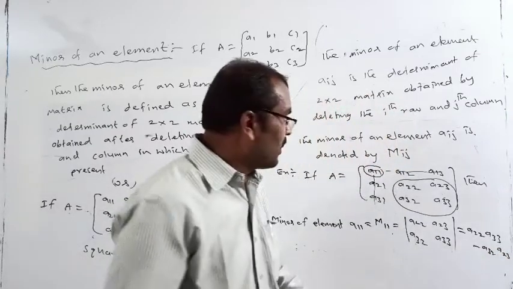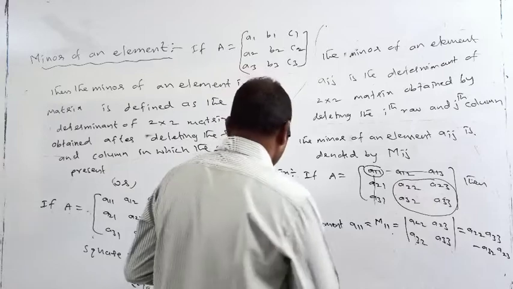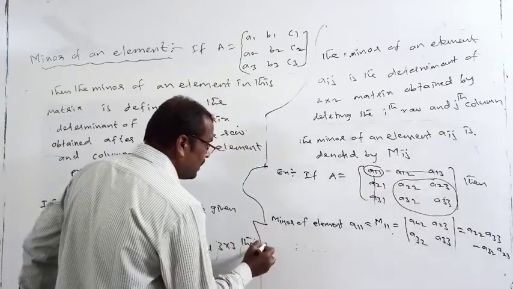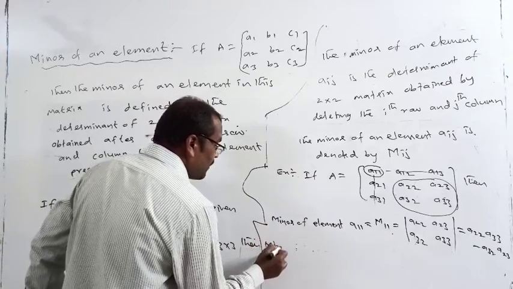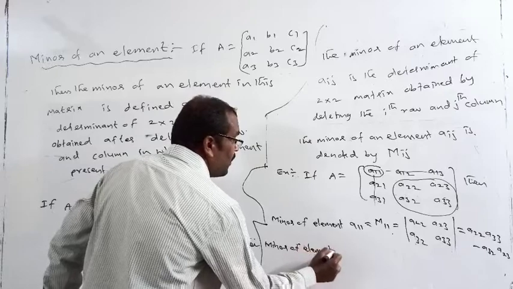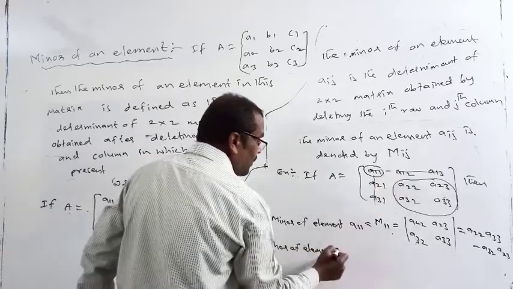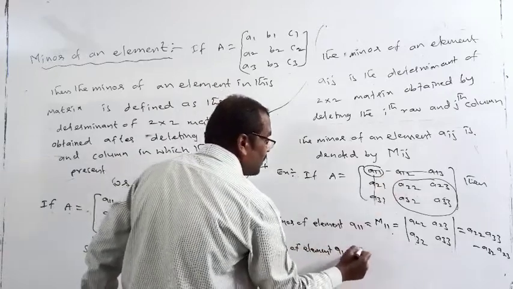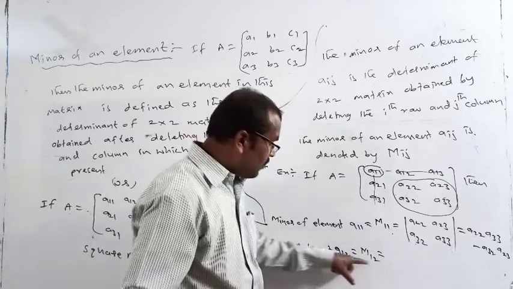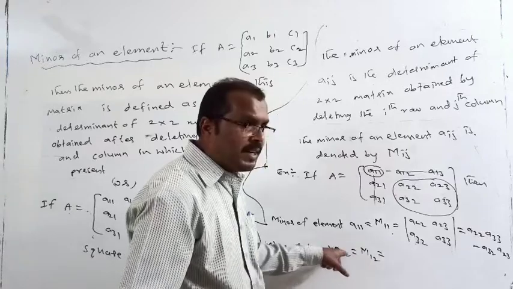I will give one more example. Next we are writing the minor of the element A12, denoted by M12. Don't confuse: 12 is the same; small a means element, capital M is minor.